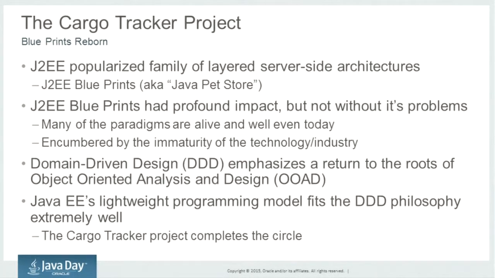Specifically, the J2EE blueprints were encumbered by the limitations of the technology at the time, J2EE in particular, and also the J2EE blueprints were not very good at enabling developers to use proper domain-driven design or proper object orientation or proper object-oriented analysis. If in fact you use the J2EE blueprints, it would be hard for you to really stick to the true spirit of object-oriented development.